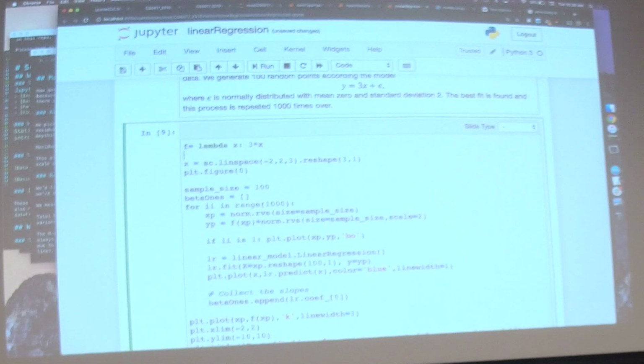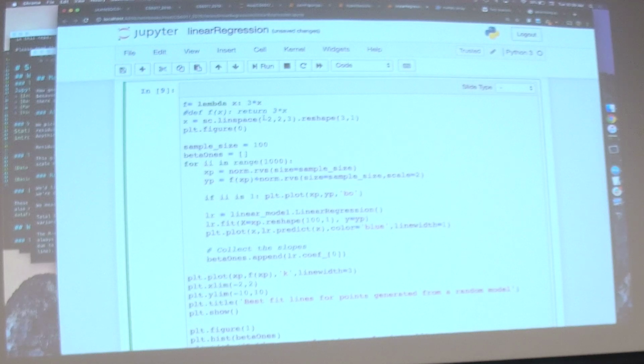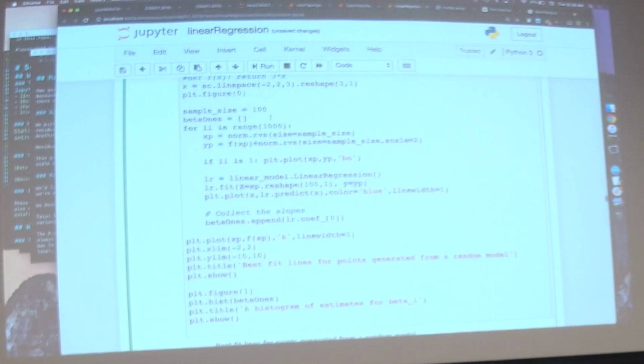But this is the same as just, they mean the same thing. So we're going to sample 1,000 data sets, each with 100 points.